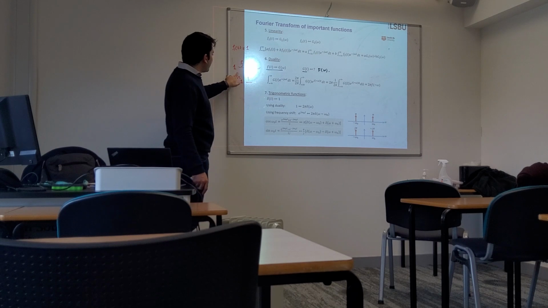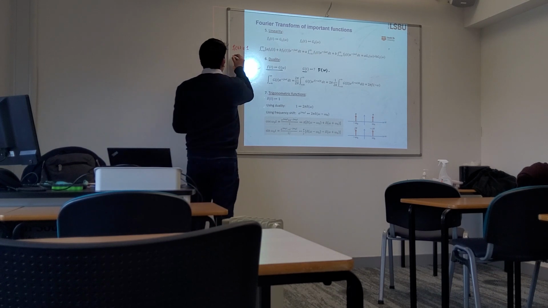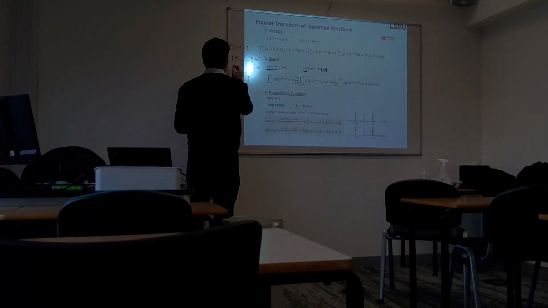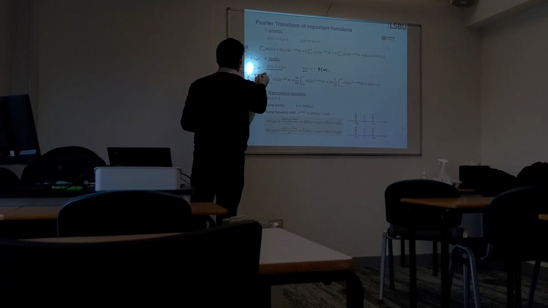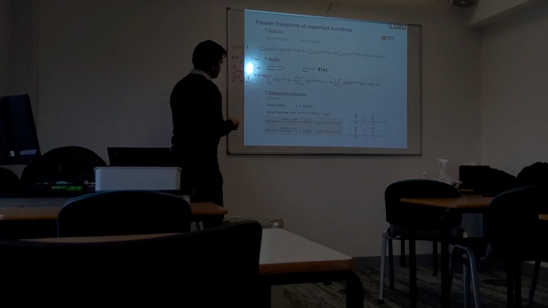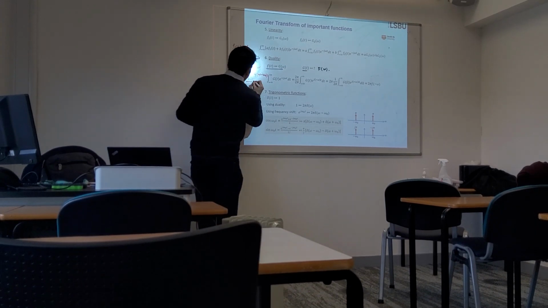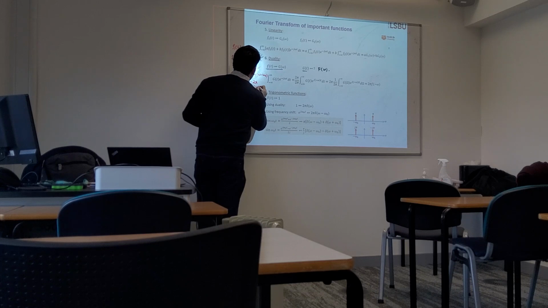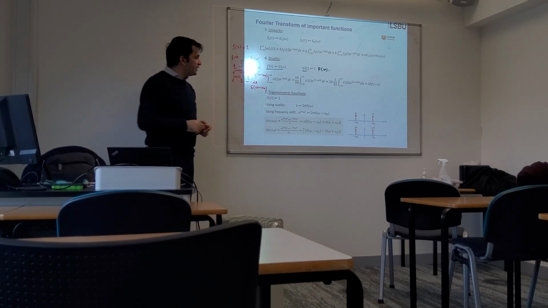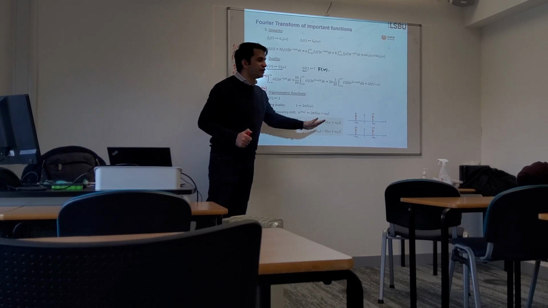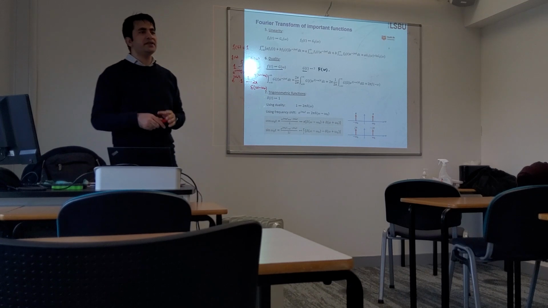If this was f of t and this was g of omega, I have multiplied f of t with e power j omega naught t, and it results in omega minus omega naught. So it would be 2 pi delta of omega minus omega naught. So if I have 1 and multiply it with e power j omega naught t, it shifts the Fourier transform by omega minus omega naught.